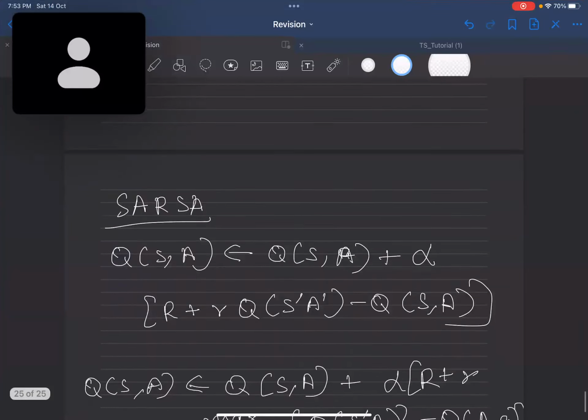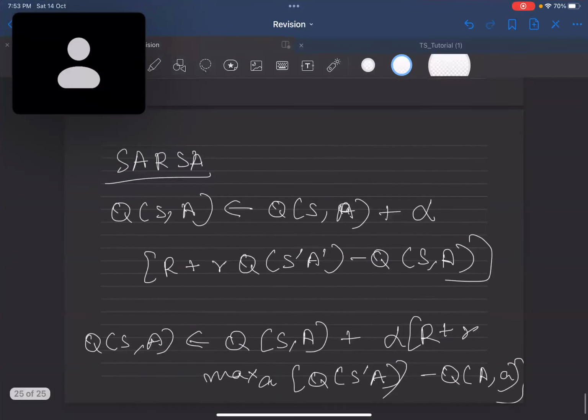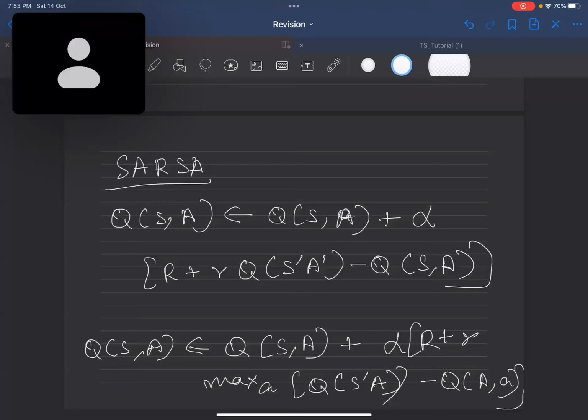Or we can say Q learning is just one immediate state, and SARSA is next state and action both. Current state and the next state action both. That's why SARSA.